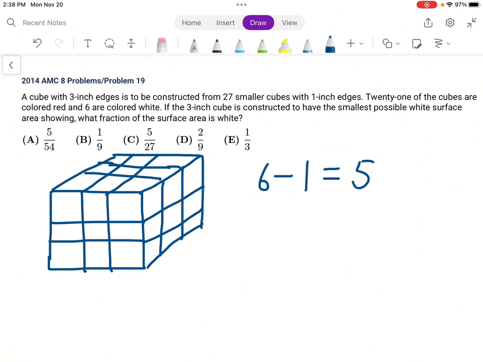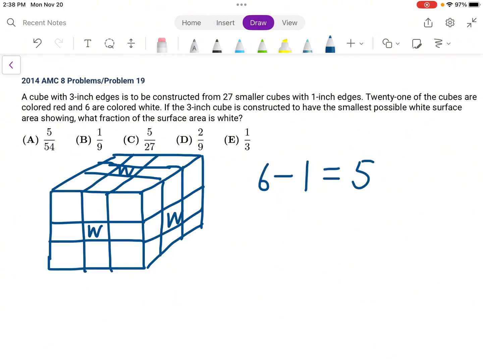In order for the 5 white cubes to show as little surface as possible, we should put them on the center of each surface. Because there are 6 surfaces in total, we can put 5 of them with white cubes, and the other will be red.